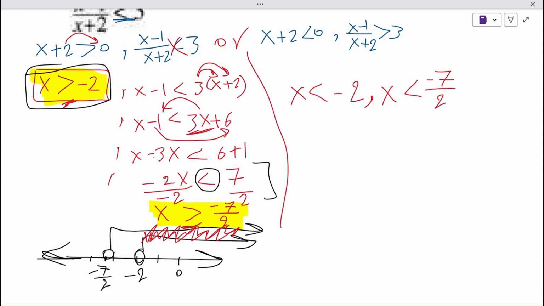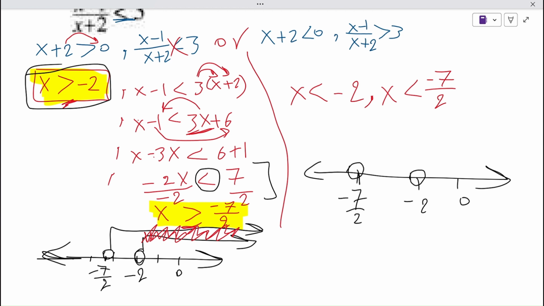Here again, write the number line, 0, this is minus 2, and this is negative 7 over 2. So x less than minus 2, it means negative side. Again, x less than negative 7 over 2, it means here, negative side.